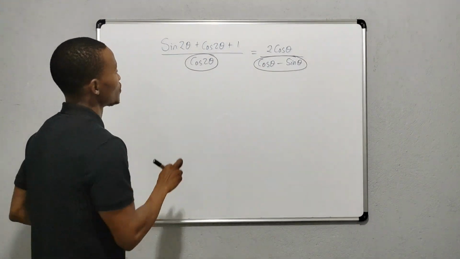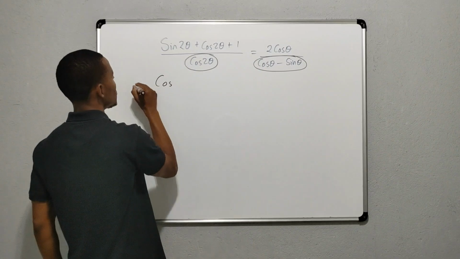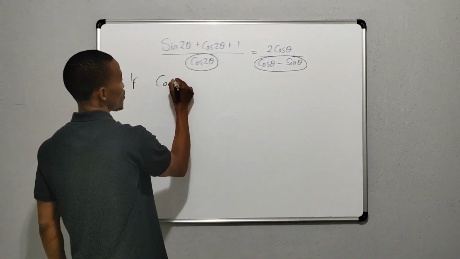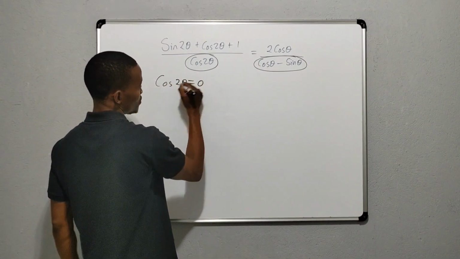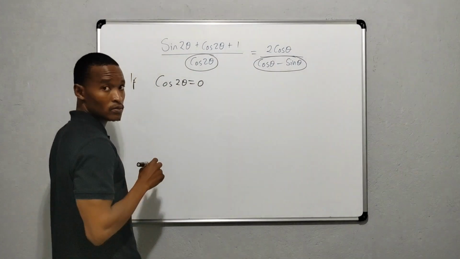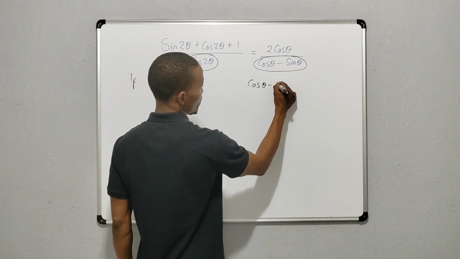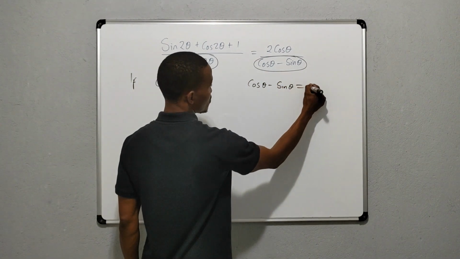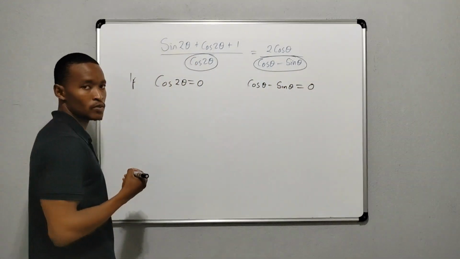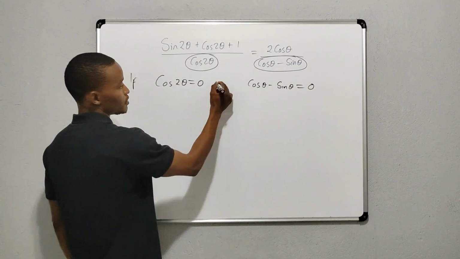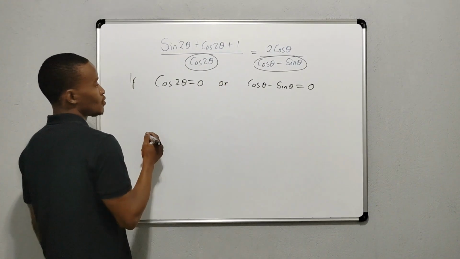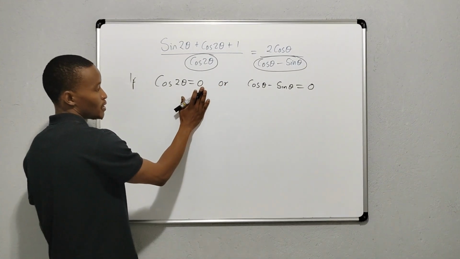Okay, so if cos 2 theta is equal to 0, and cos theta minus sine theta is equal to 0, then the identity will be invalid. Okay, so where is this happening?